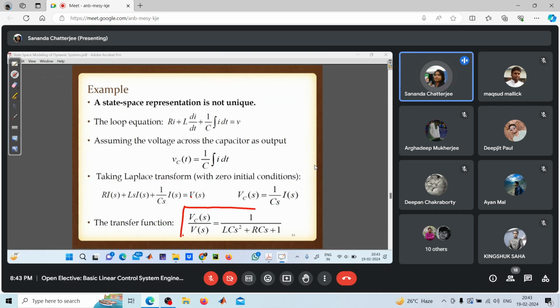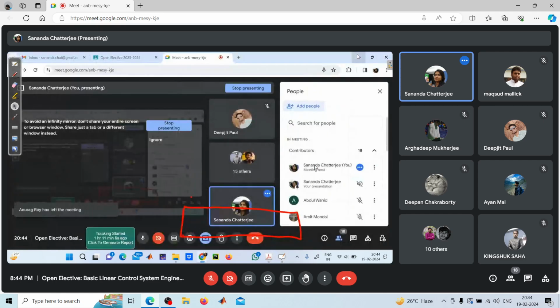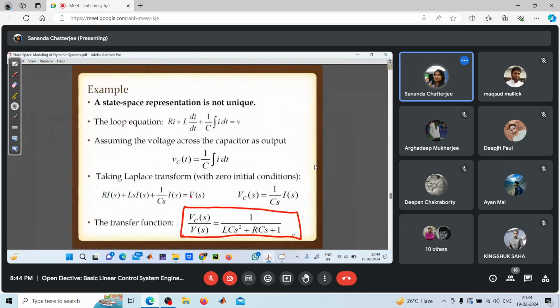This is the transfer function of the system.